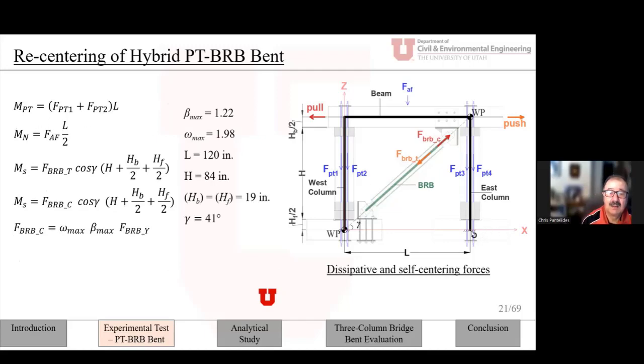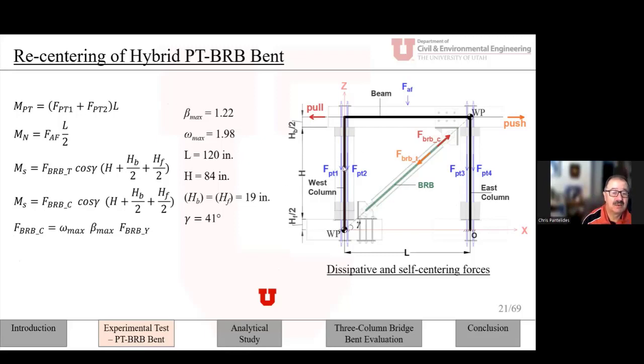And then we have also an additional axial load, which comes from, of course, gravity. In our case, in the experiment, we used some rods with a self-reacting beam to achieve this. So it's this force due to gravity times span over 2. And then what is the dissipating moment? Of course, the dissipating moment comes from the BRB, mainly.